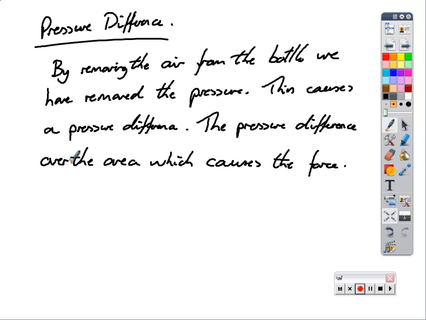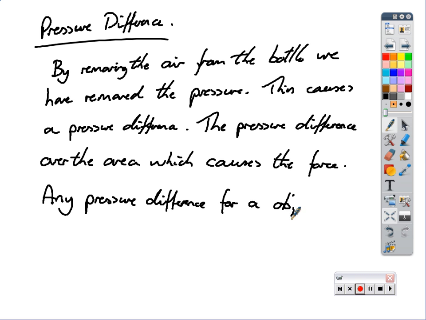Okay, so any pressure difference for an object causes a force applied to that object.